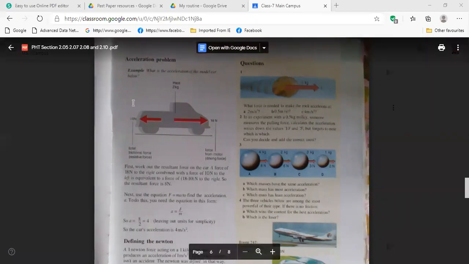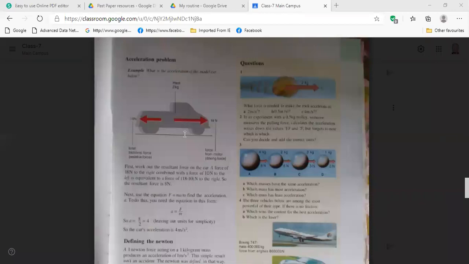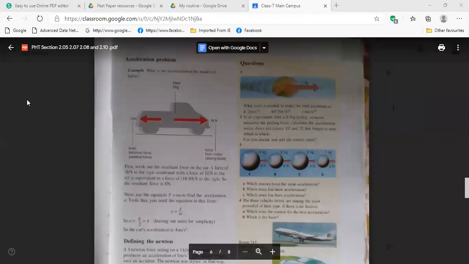Look, when this car is moving forward, then we have frictional force from the road, isn't it? So you note it down: frictional force from the road surface.